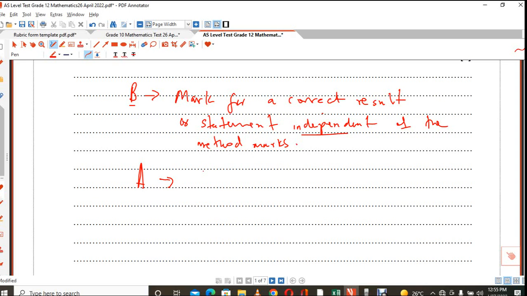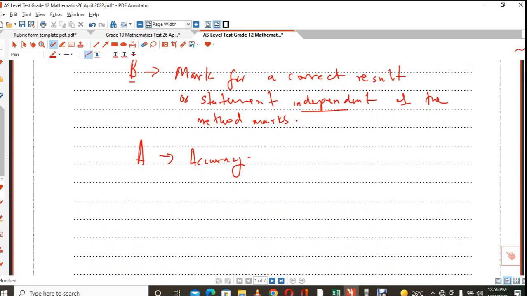But here we are focusing on accuracy and you getting the right stuff, mostly. So, accuracy: you can't make mistakes. A correct answer comes from correct steps. If the steps are wrong, that mark is wrong.